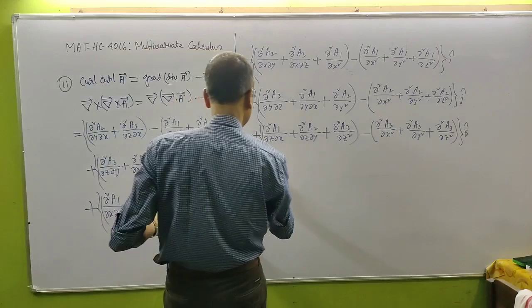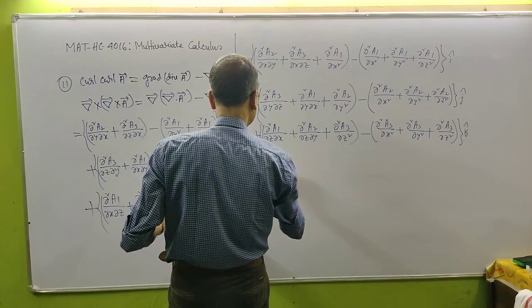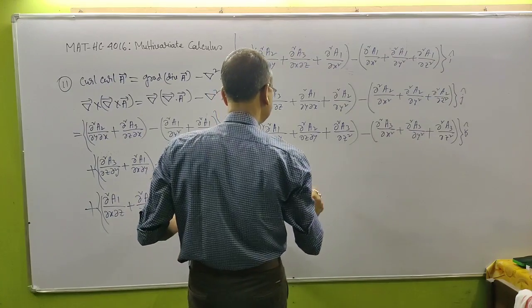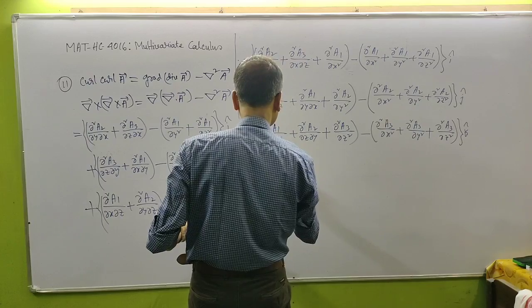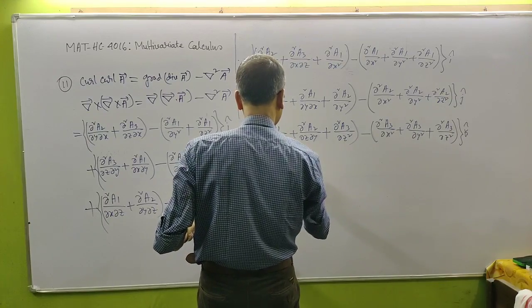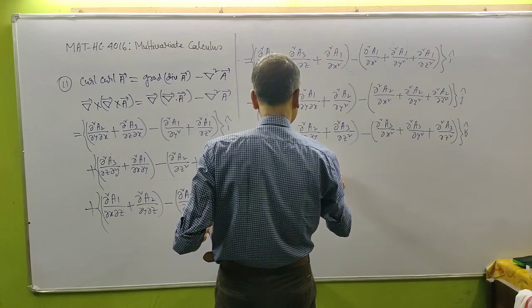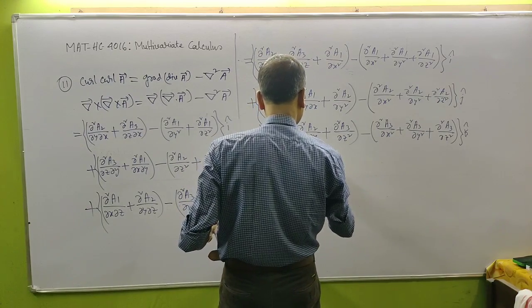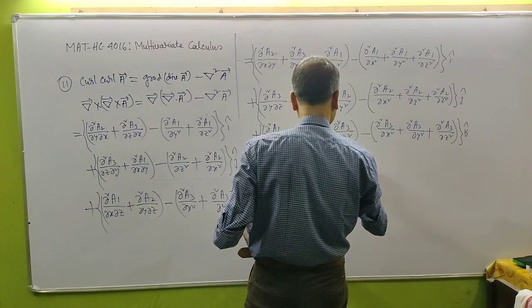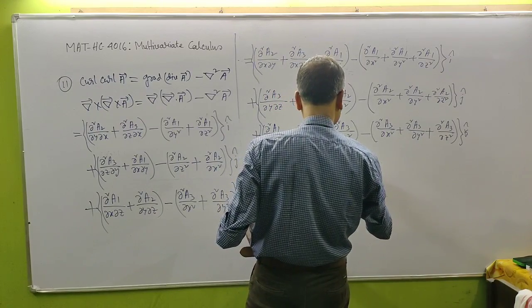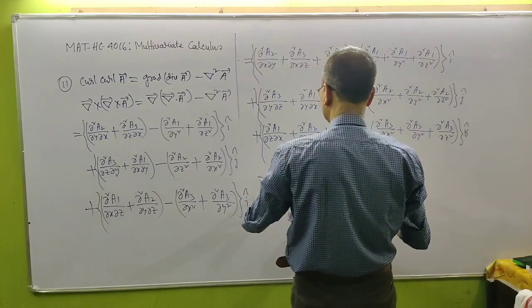Now, which is equal to, for this, del x of del A2 by del y plus del x of del A3 by del z plus del x of del A1 by del x.